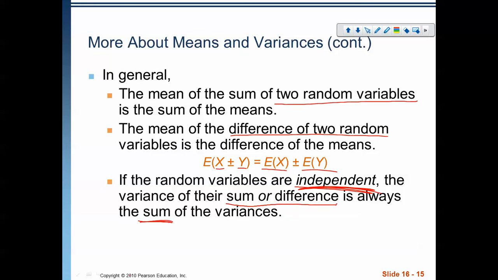It doesn't matter if we're adding or subtracting, the variance always increases. If I'm taking two different companies and adding them together, the amount of spread increases. If I'm subtracting them, the variance still increases. So addition or subtraction, I'm always going to add the two variances.